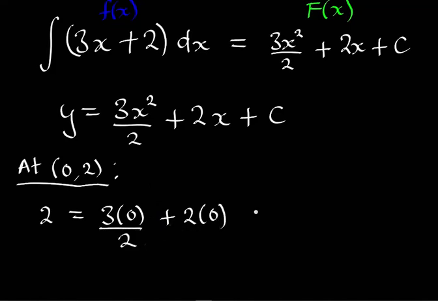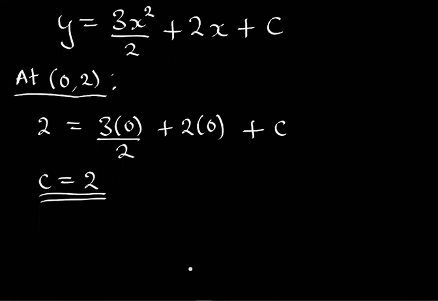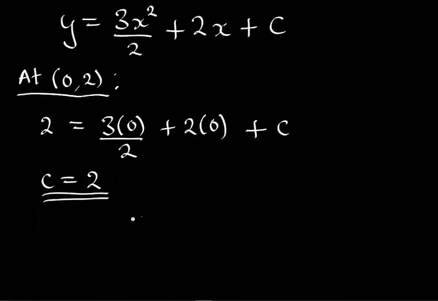If you want, you can write everything. But what I want you to see is this 3 and that 2 becomes 0, and therefore c is going to be equal to 2. After we find the value of c, we found that constant that always gets lost. Remember, we said we always add this c because we don't know which function gave us the gradient. But if we use the values of x and y at a particular point, we can find the function.